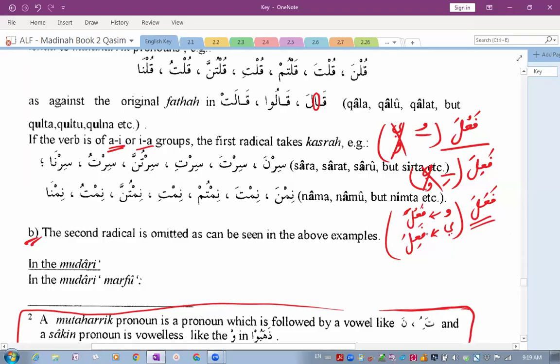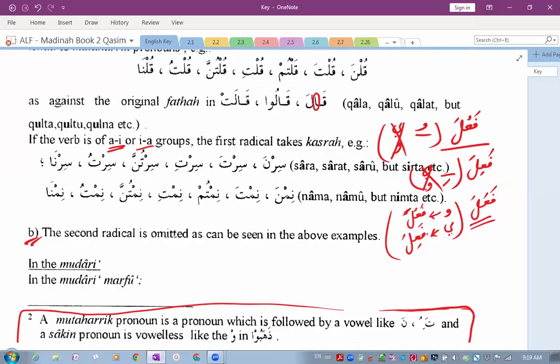I am giving you the summary of the ajwaf. First rule is that for our first 5 conjugations, you will always change the middle radical to an alif. Qawala becomes qala, nawima becomes nama.